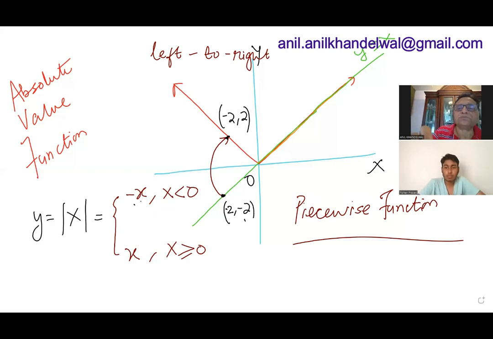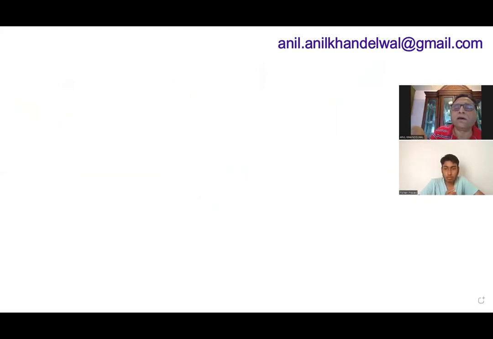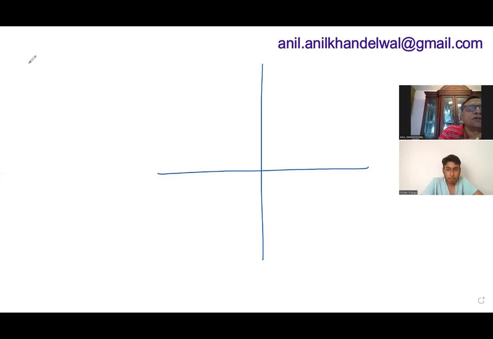Now let's look into the translations of this particular function. Let me clear the screen and redraw another function. Let us say I have to draw the function f of x equals absolute value of x minus 2.